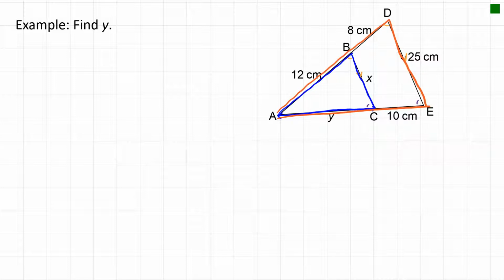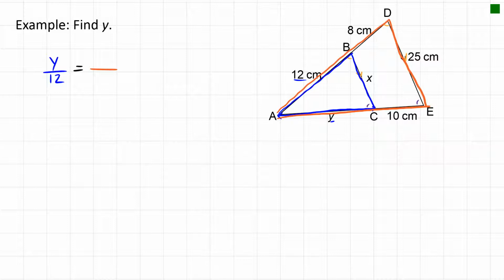To find y, I have to use y and one other side. So I think I'll use y and the side length 12. In the blue triangle, y over 12 is one proportion that I can write for one side to another. And that's got to be equal to the equivalent sides in the larger triangle.